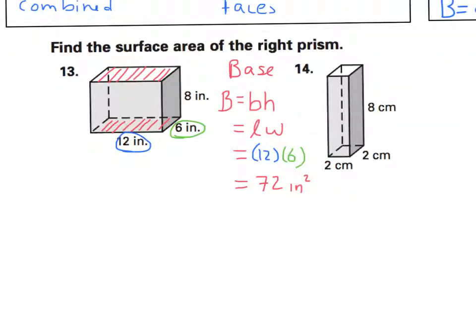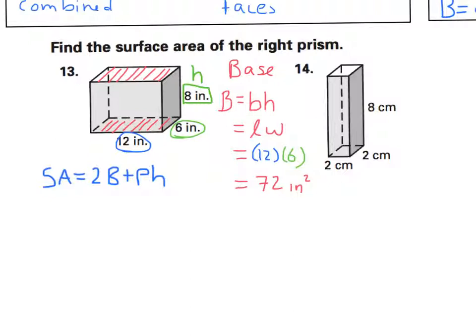Okay, so according to my super secret formula, which is surface area is equal to 2B plus PH, I need to also find the perimeter of the base and the height of the whole object. Notice here the height is going to be 8. Why? Because that's the distance between the two bases. So here, I'm just going to call this one h, which is a different h than before.